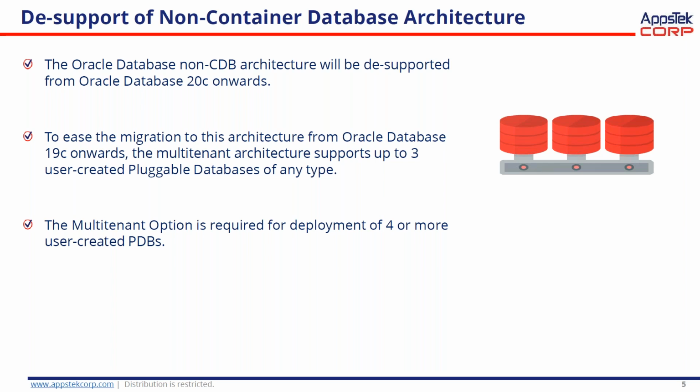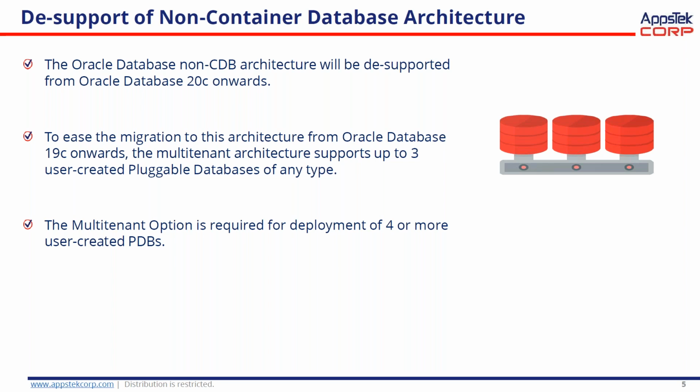So the non-CDB architecture will be desupported from Oracle Database 20C onwards. To make the migration from your non-container database to a container database easier, Oracle is giving up to 3 pluggable databases created under that container database. For 3 pluggable databases, you don't have to buy the multitenant license.